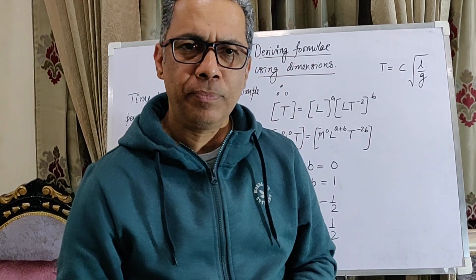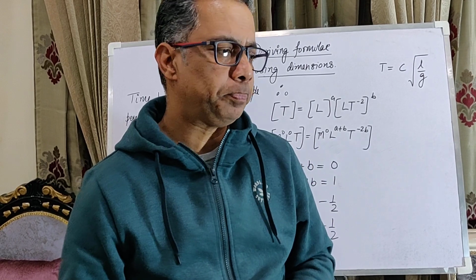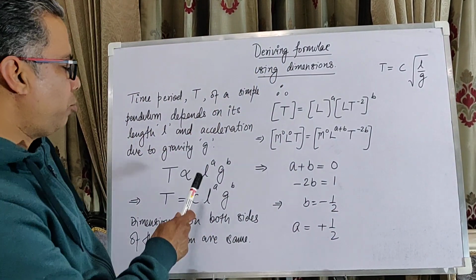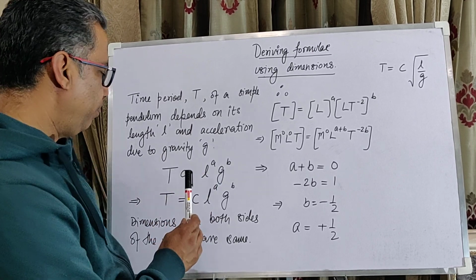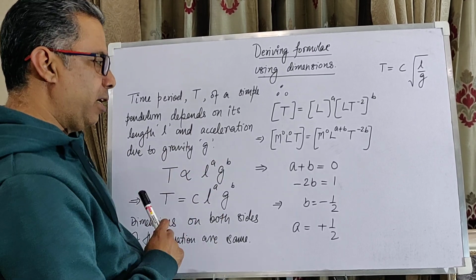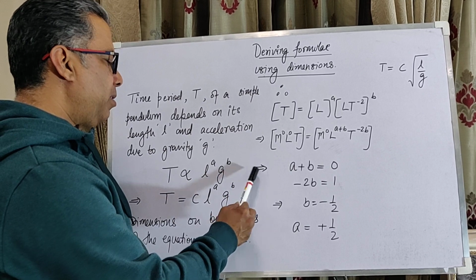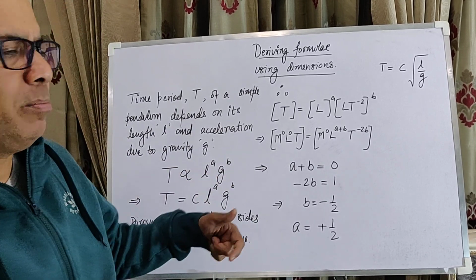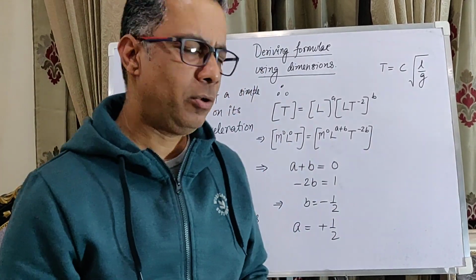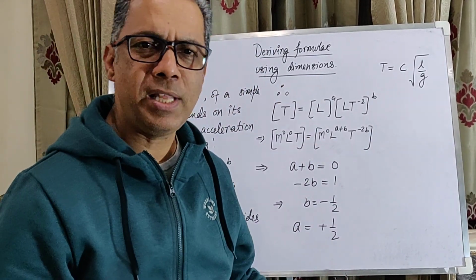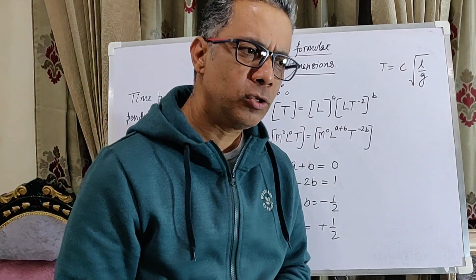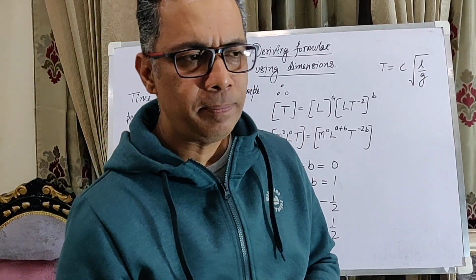Constants cannot be calculated. Also, here we had a dependence on two quantities, so we had two unknowns a and b. If the dependence is on a larger number of quantities, you may end up with more unknowns than equations, and in those cases, you cannot solve using dimensions as well.